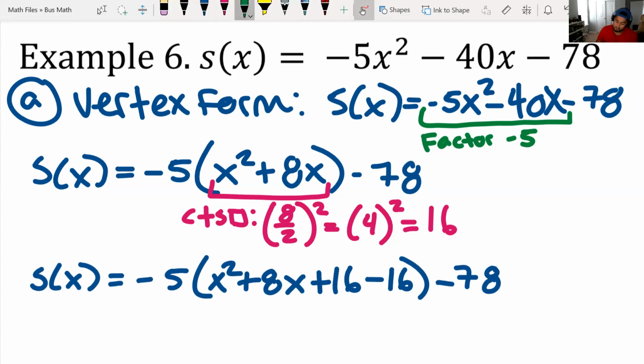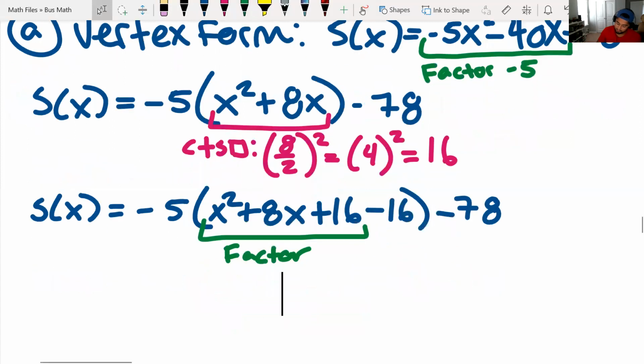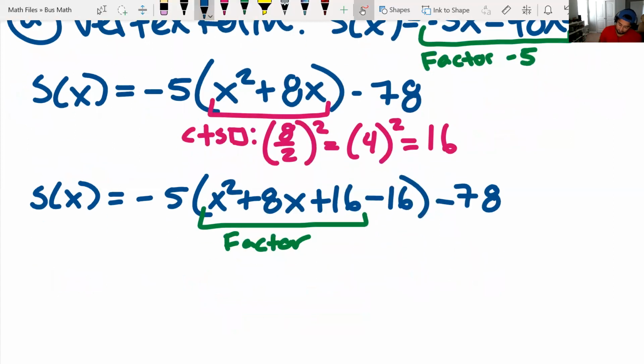Okay, and then factor. We're going to factor this part and leave that negative 16 alone. So s of x equals negative 5 times, bracket for neatness, x squared plus 8x plus 16.